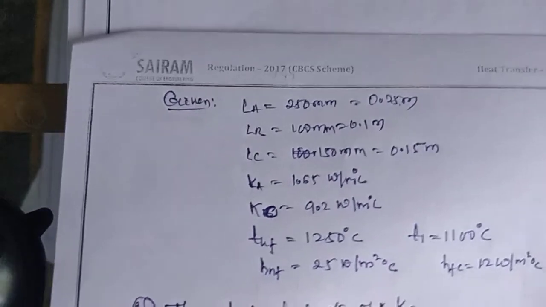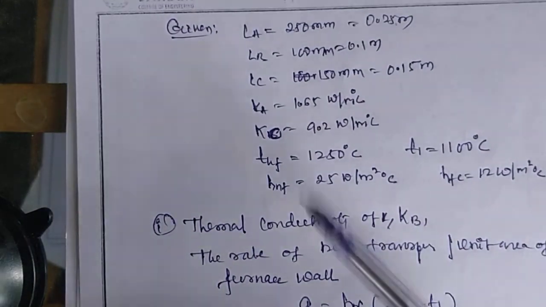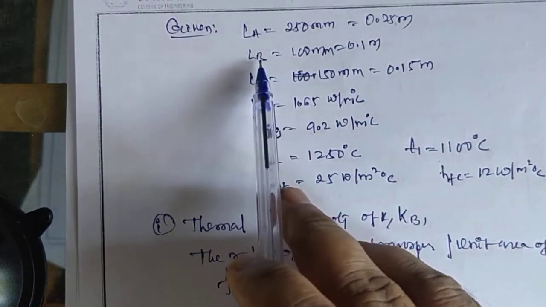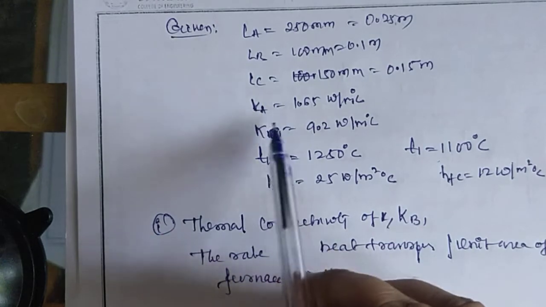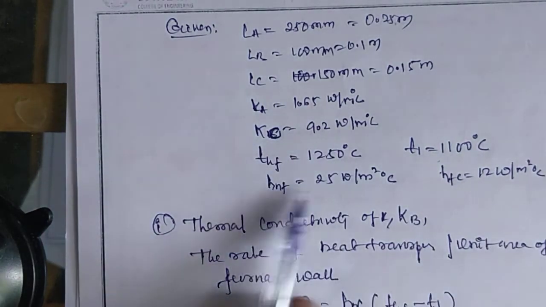The data which is given in the problem I have written here. All the values, lengths A, B, C, and KA and KC also are given.